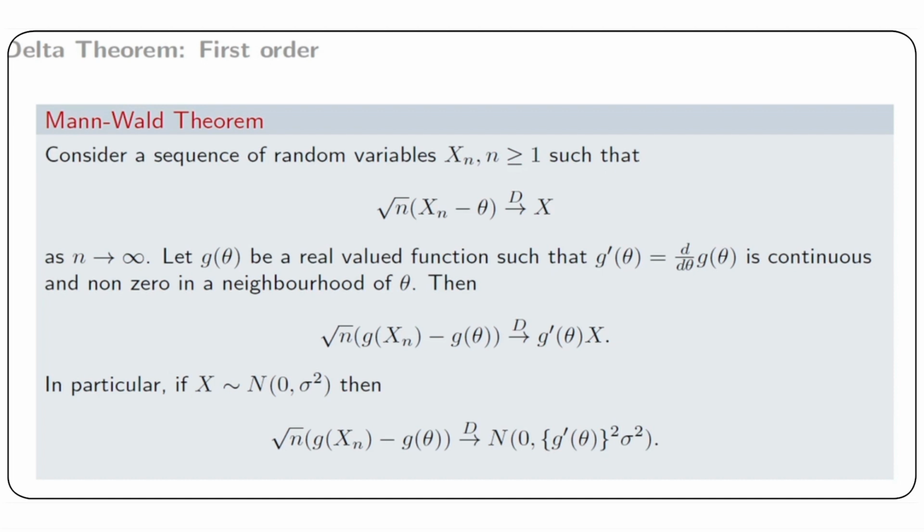Then square root of n times (g(Xn) minus g(theta)) converges in distribution to a random variable which is the first derivative of g at theta multiplied by X. In particular, if X has a normal distribution with mean 0 and variance sigma squared, then the convergence holds to a normal distribution with mean 0 and variance sigma squared multiplied by the square of the first derivative of g at theta.